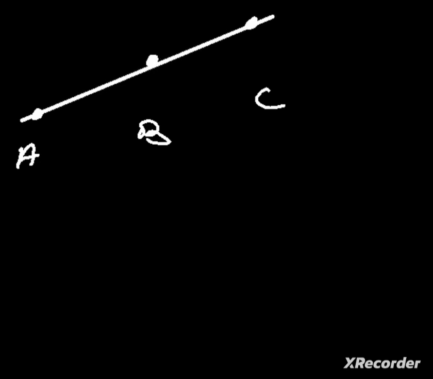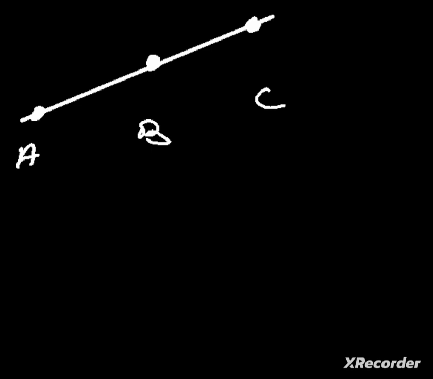So now if this is the case, then we say that the points A, B, as well as C are collinear points because they lie on the same straight line. So that's about the collinear points. These are the points that lie on the same straight line.